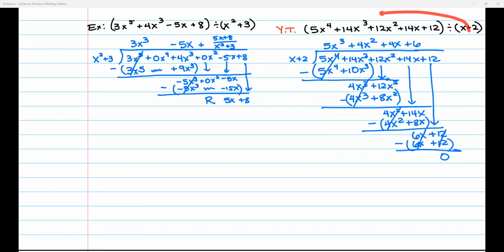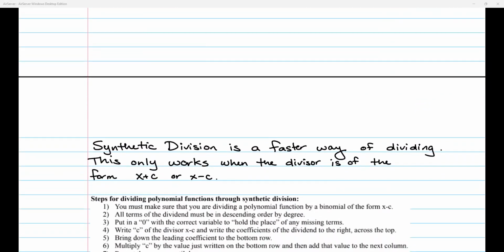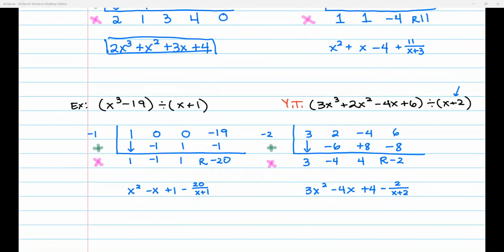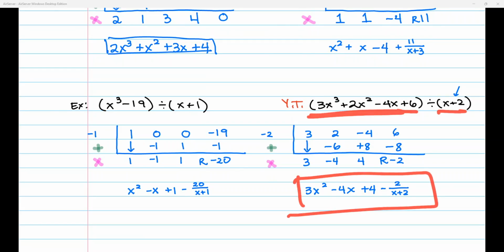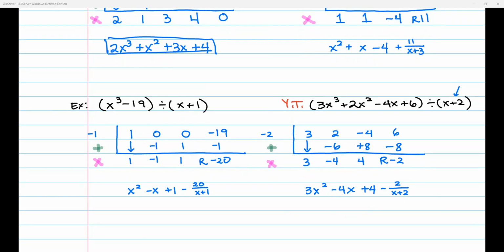Remember how long that took and all the things you had to keep track of? It's so much easier to use synthetic division, right? Hopefully that made sense. If you have any questions, remember that what we just found was the answer to this divided by this is equal to this. Okay? All right. We'll see you in the next video.